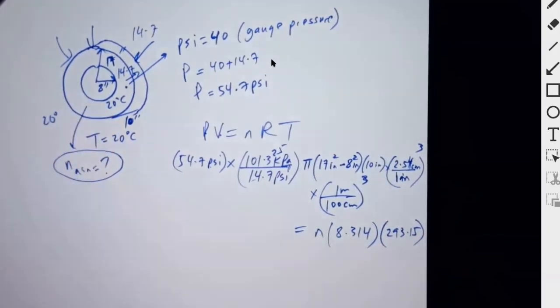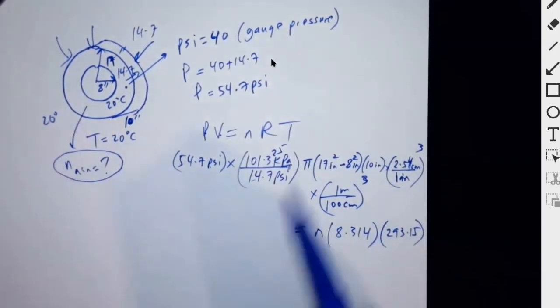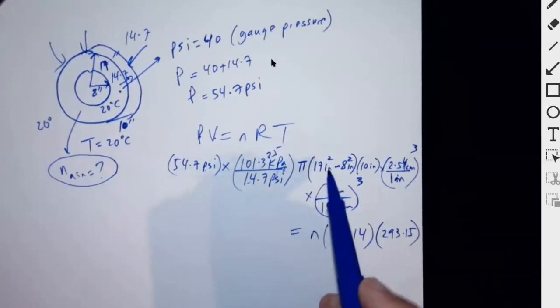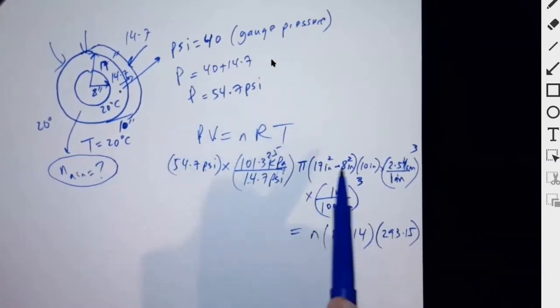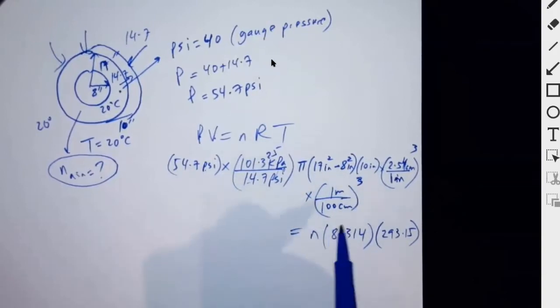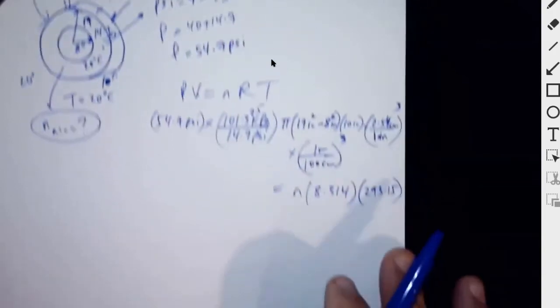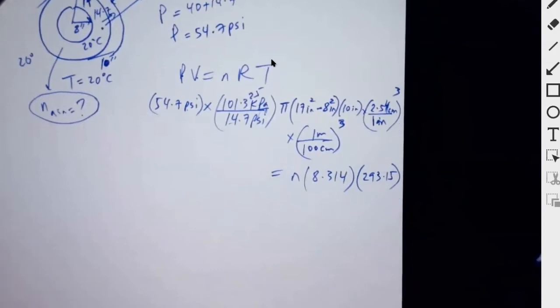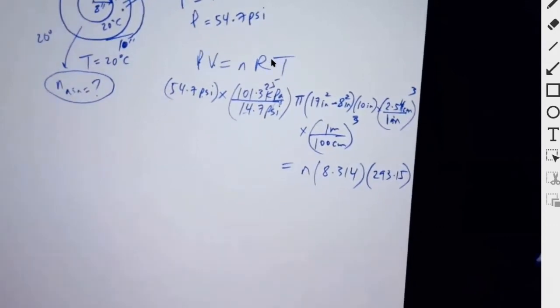So even though it's an easy problem, there's still stuff to maneuver your way around, you know? Converting to pascals, getting the volume, converting to cubic meters, then using that. Okay, now we're ready to calculate how many moles. So that'll be the typical number of moles of air inside of a typical tire.